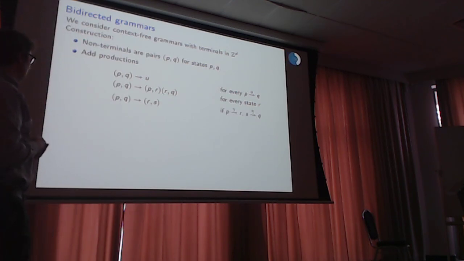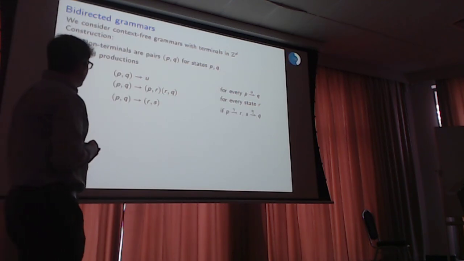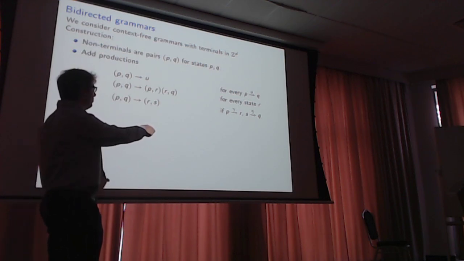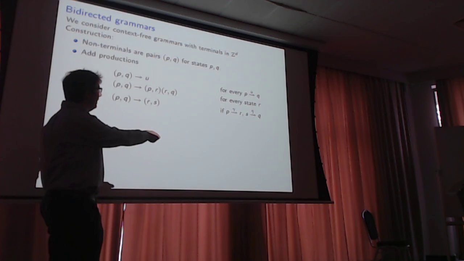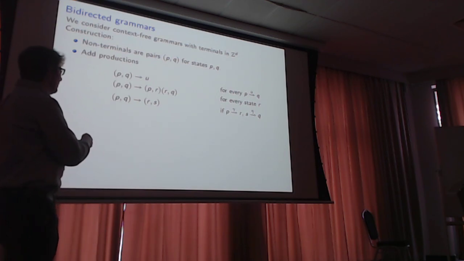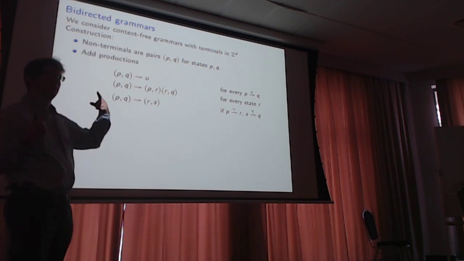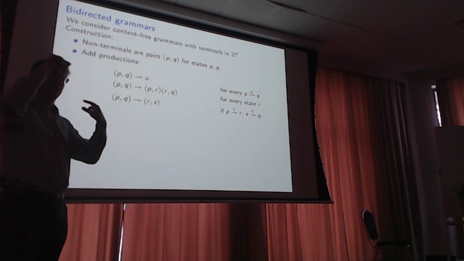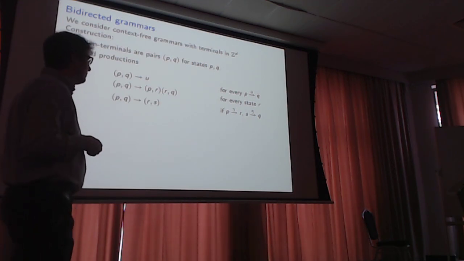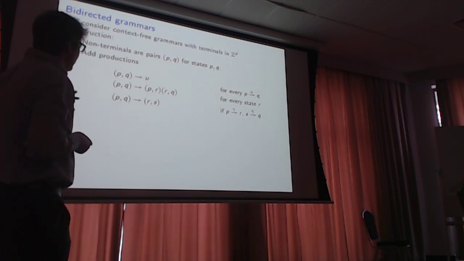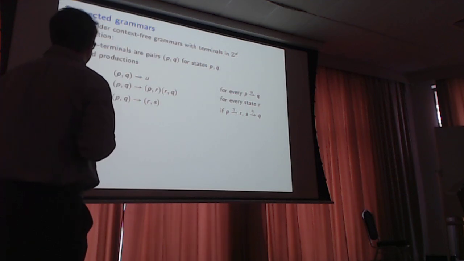That's natural. And to simulate pushes, whenever you have a push instruction that goes to R from P, and you have a pop operation that goes back from S to Q, then you know that everything you can derive using RS, you can also derive from PQ, right? Just by doing the push, doing your thing in between, and then going back. So this grammar does exactly what we want.